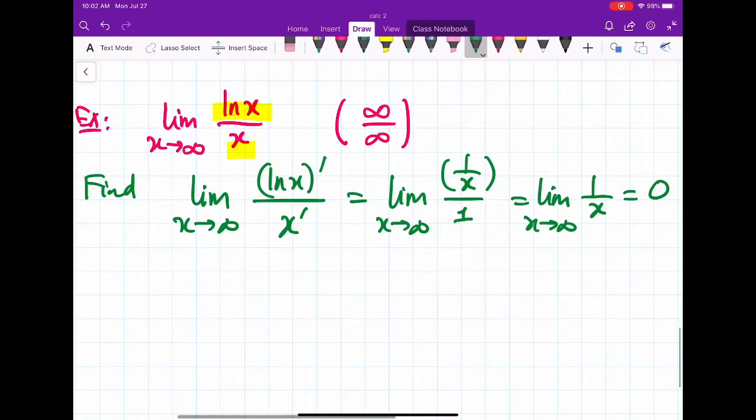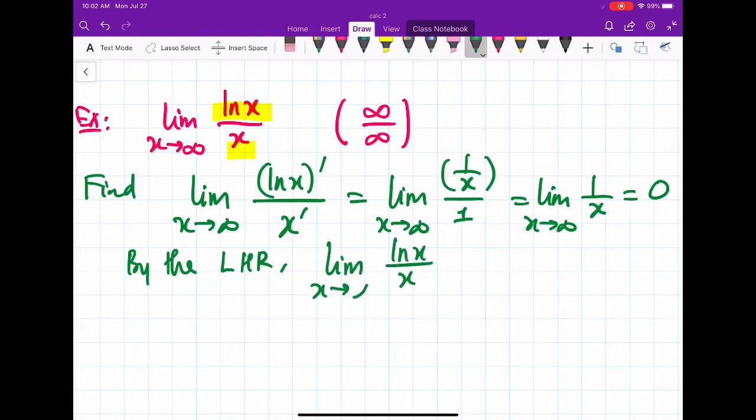Now we can write, by the L'Hopital rule, the limit of ln x over x as x approaches infinity equals 0. If you don't know L'Hopital's rule, I'm not sure how to solve this limit, to be honest with you. It's complicated.